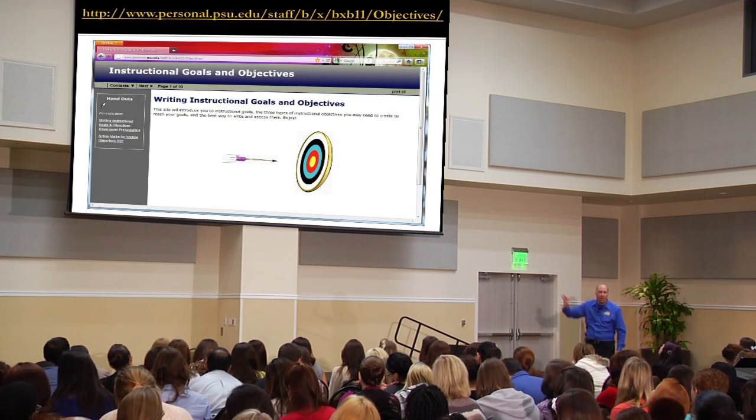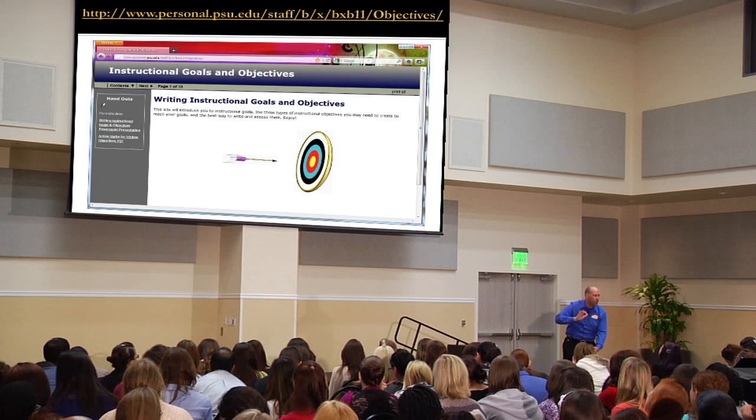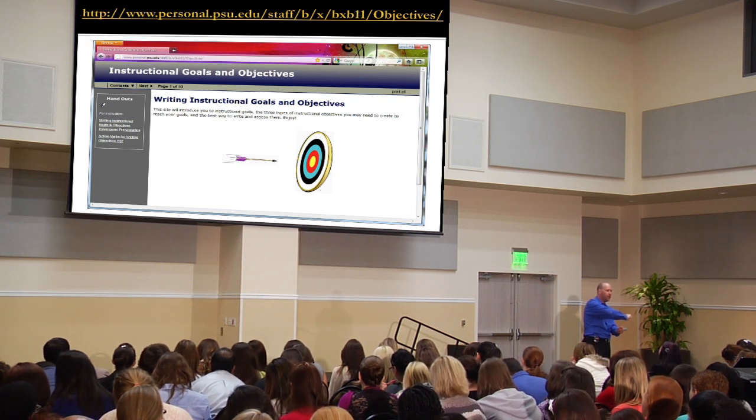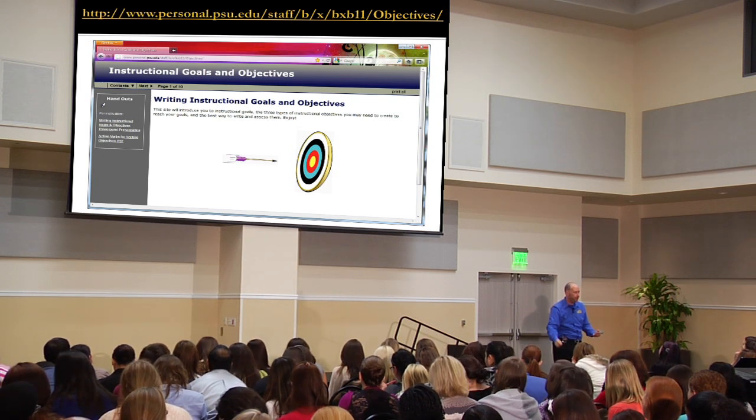The bigger one, yes, the bullseye, the target. The arrow is your lesson objective. It's very specific. This is what you teach and assess in a single lesson, right? The target is your learning goal. It's a little bit more general. Your learning goals are going to cover your entire unit.